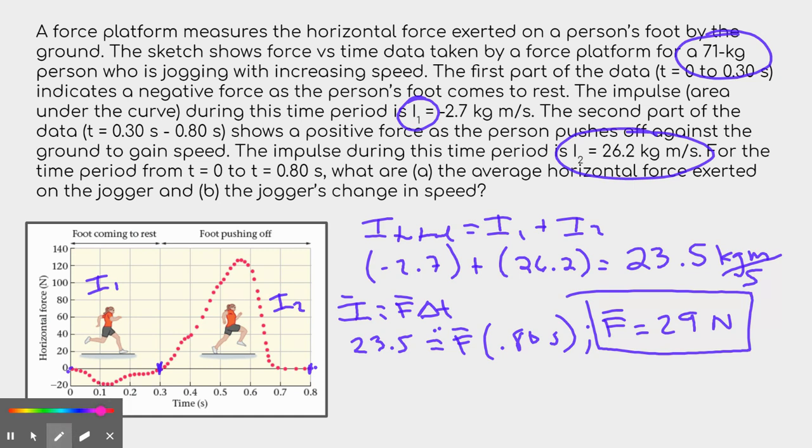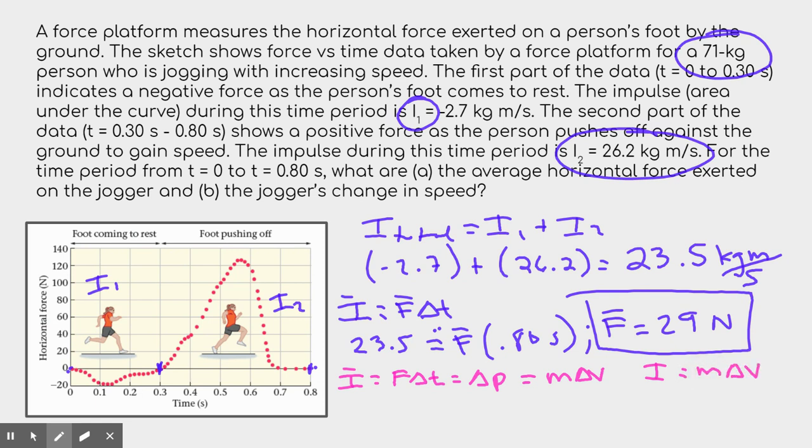So for the second part, let's go ahead and use I equals force multiplied by the change in time, which is the same as the change in our momentum. Well, the change in momentum is the same as mass times a change in velocity. So we can say that I is equal to mass times the change in velocity.